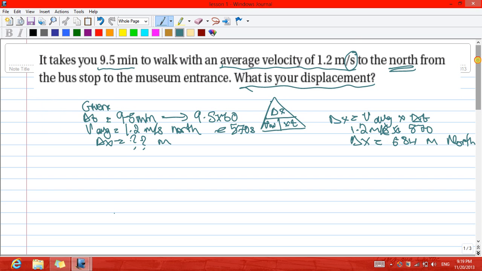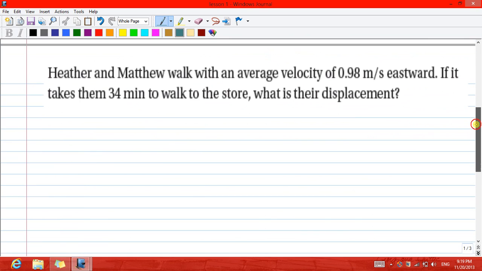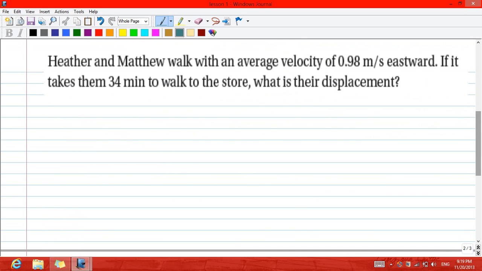That's the first part. Now the second part, it said that Heather and Matthew walked with an average velocity of 0.98 meter per second eastward. If it takes them 34 minutes to walk to the store, what is their displacement? So here again, we should do the same thing. We should always write the given to make it easier.